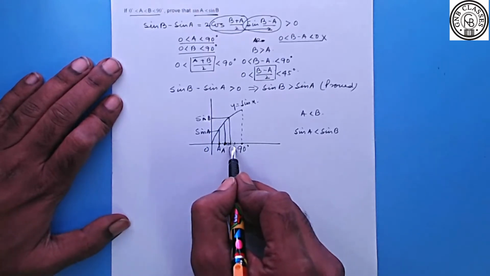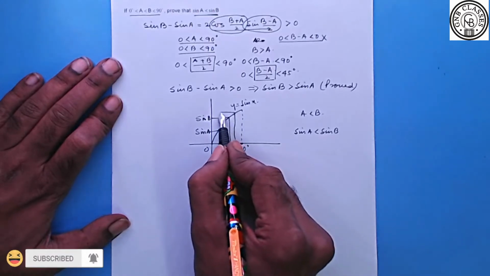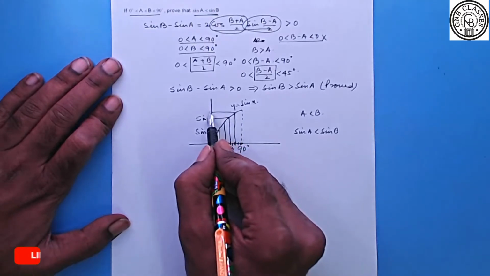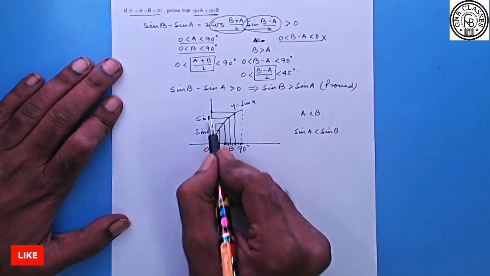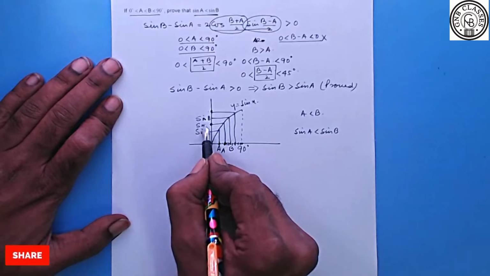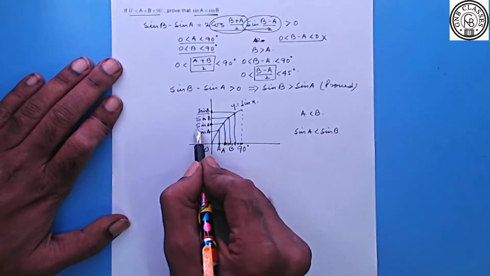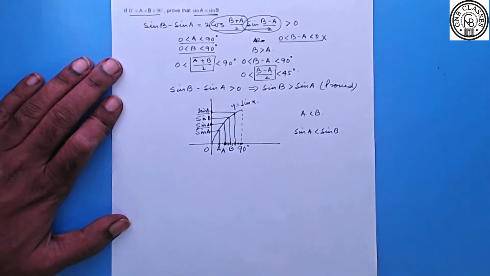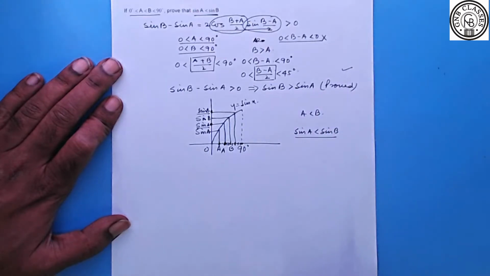But wherever this B is, the corresponding value will be sine B, and that sine B will be greater than sine A, because in that case this is your sine A and this is your sine B. Again you see your sine B is greater than sine A. Is it clear? So graphically also you can prove this or mathematically also you can prove this. Is it clear to all of you?